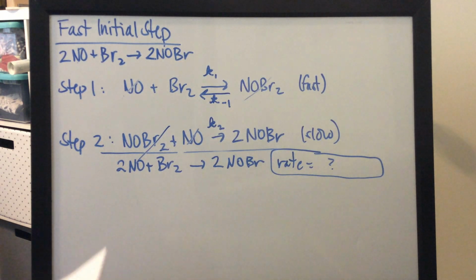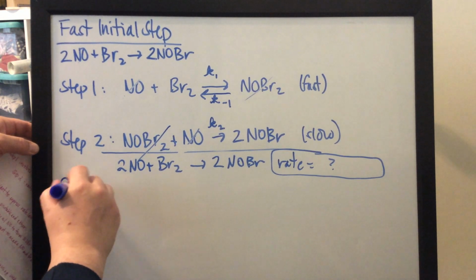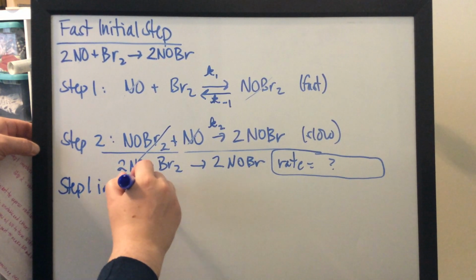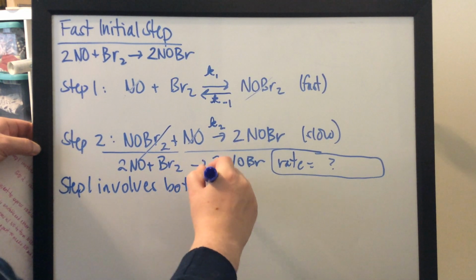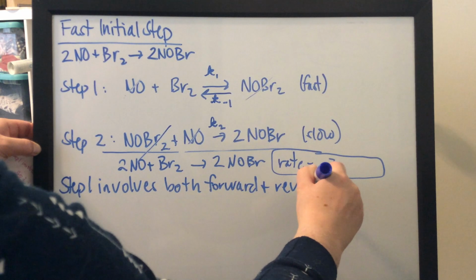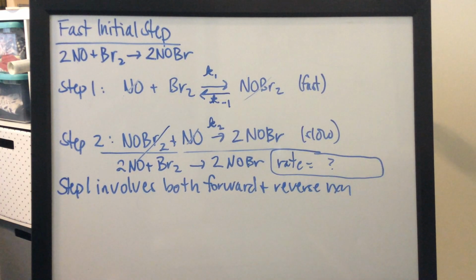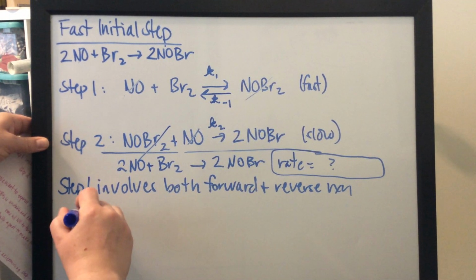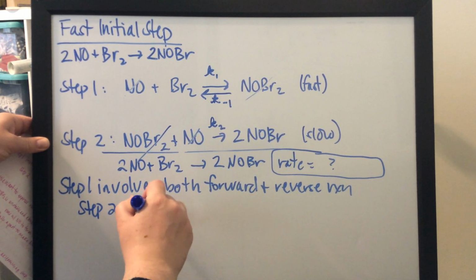All right, so how much room do I have? A little bit. Okay, so step 1 involves both a forward and a reverse reaction. Okay, so that's interesting. We haven't seen that so far. And then, of course, we have step 2 is the slow step, which is rate determining.